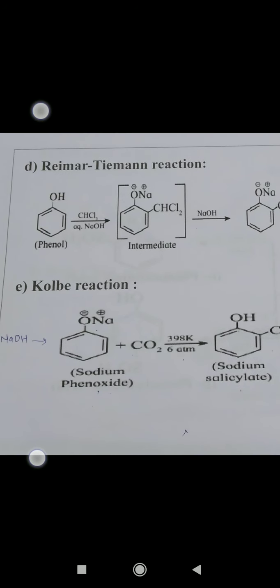Now we will see some other reactions of phenols. First, the Reimer-Tiemann reaction. In this reaction, phenols are converted into the aldehyde group. Phenol reacts with CHCl3 in aqueous NaOH solution to form an intermediate.